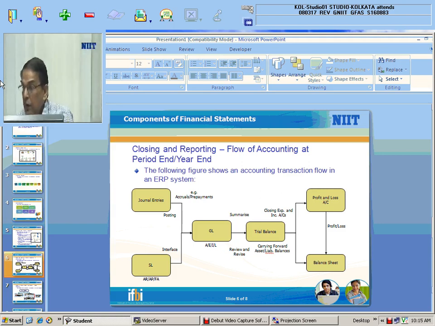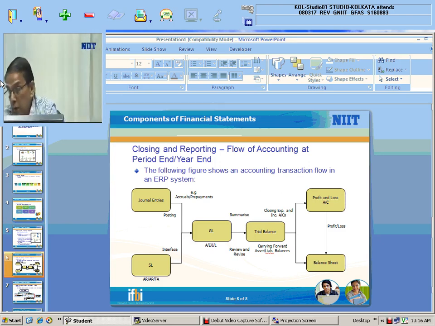General ledgers will basically reflect accounts which represent assets, expenses, incomes or liabilities. Then they will be summarized and trial balancing will be done.